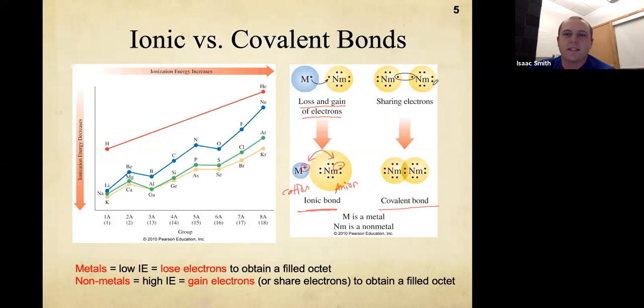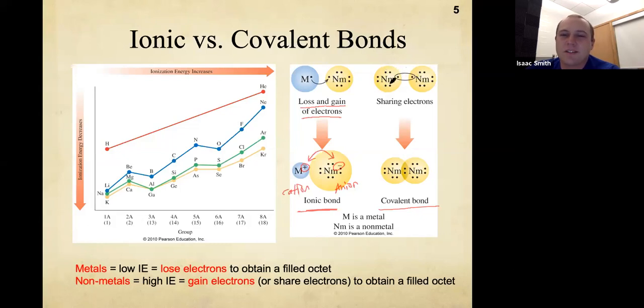Only metals are willing to give up their electrons, like you see here. So instead of doing that, they're going to share, right? How nice. This non-metal says, I want another electron. And this one says, I want another electron. And so they choose to share these 2 electrons between each other, right?